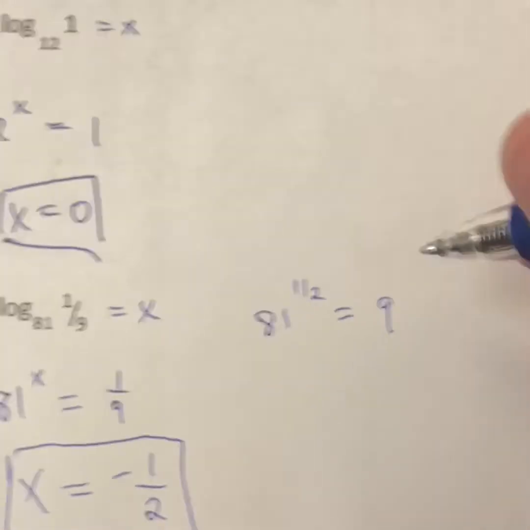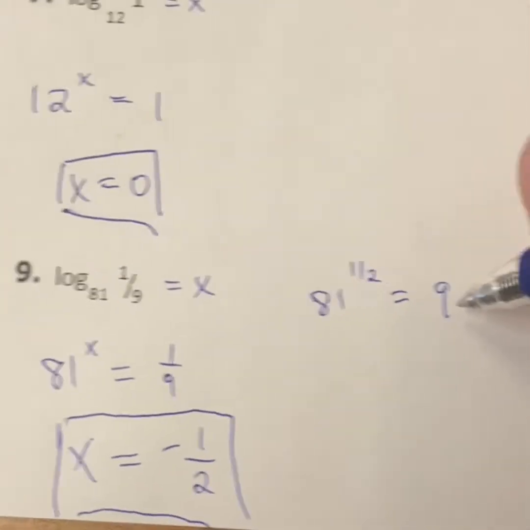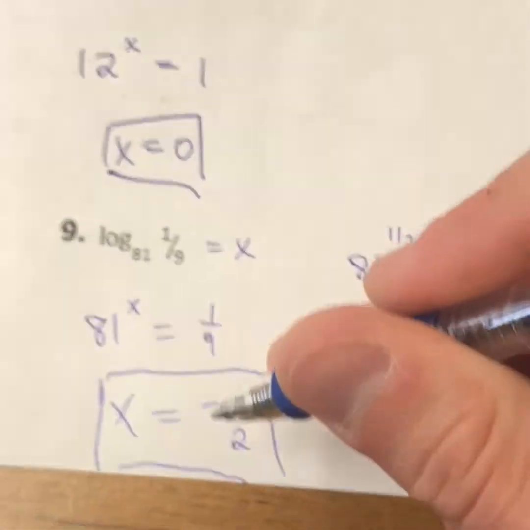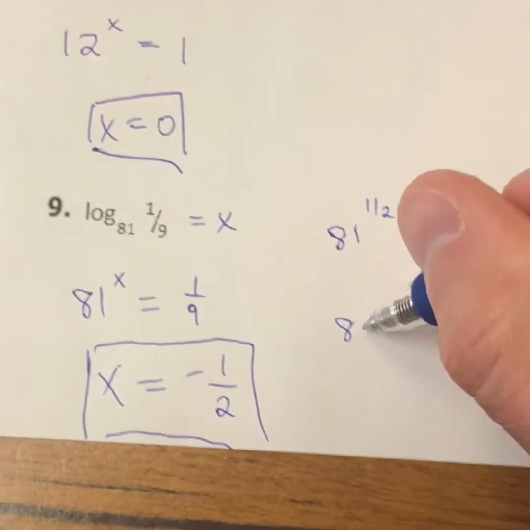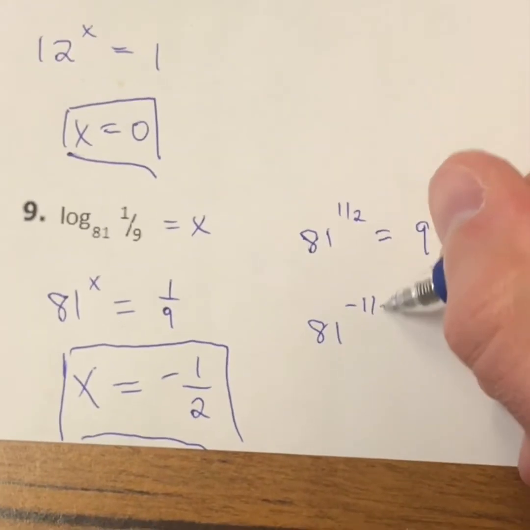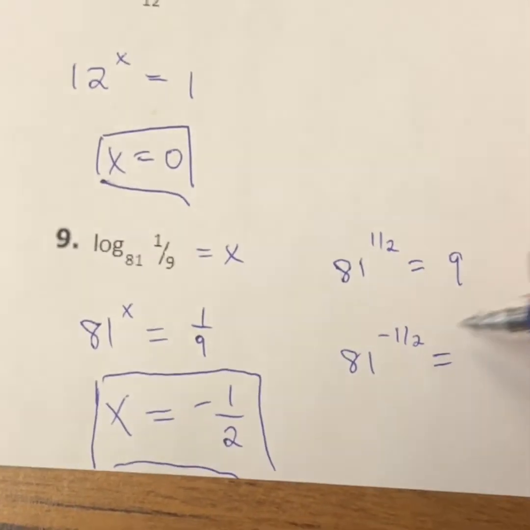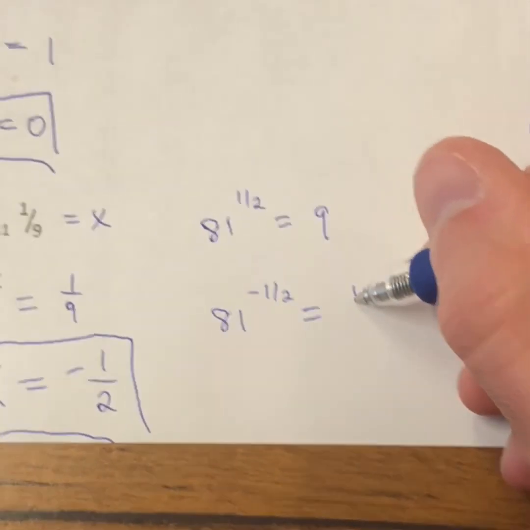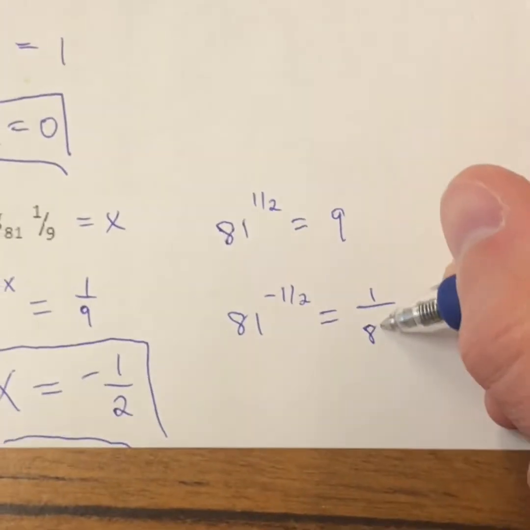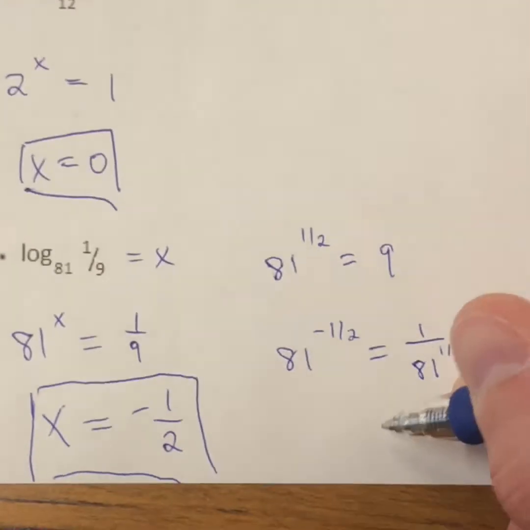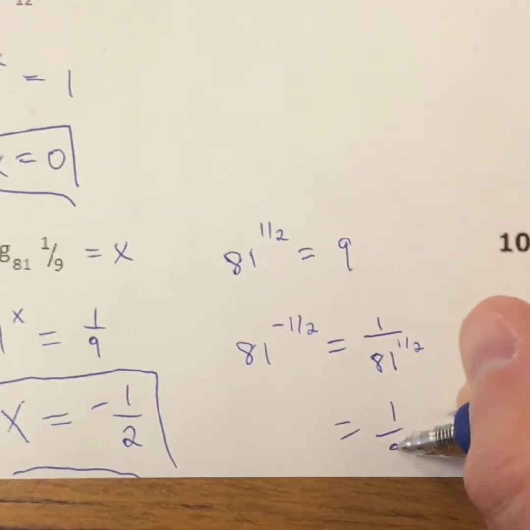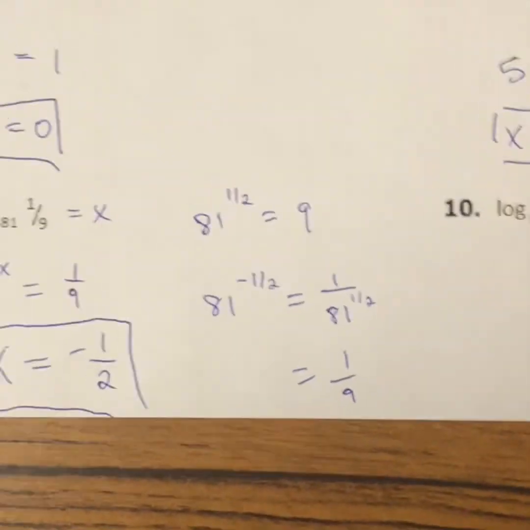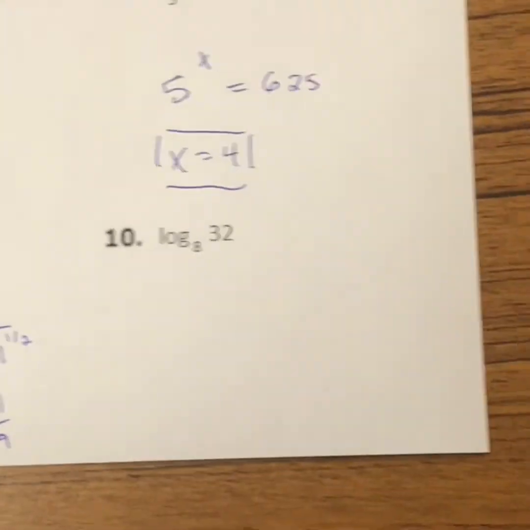It's really saying the square root of 81 is 9. So by raising it to the negative 1/2, 81 to the negative 1/2 is equal to 1 over 81 to the 1/2, which is really 1/9, which is what we're looking for. So negative 1/2 on that one.